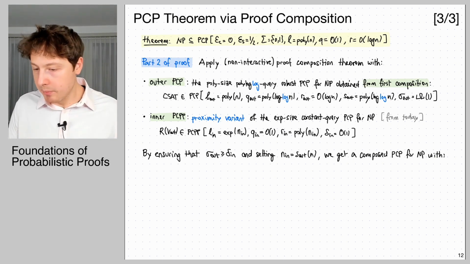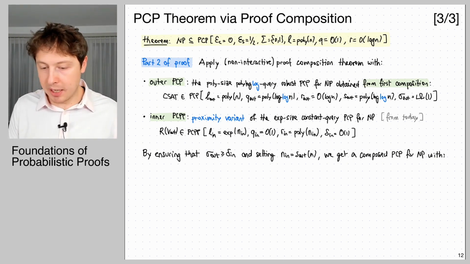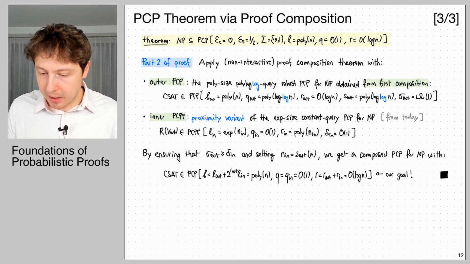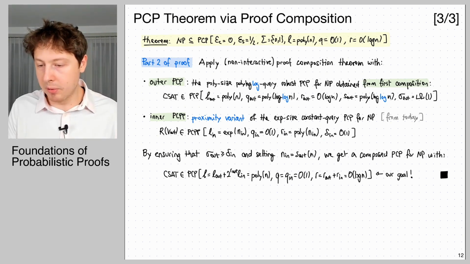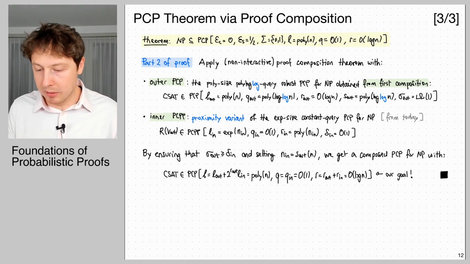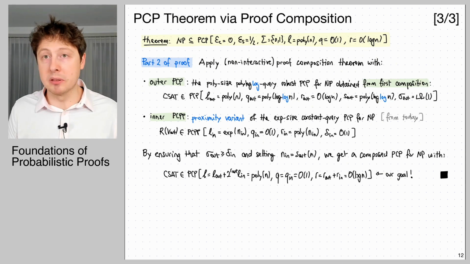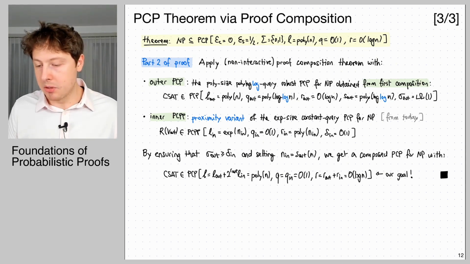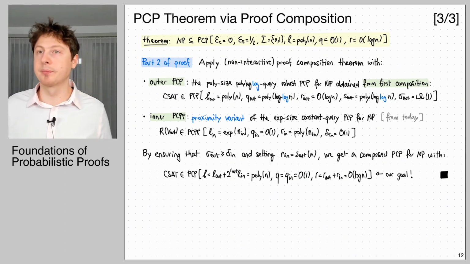And now, again, making sure that things work out. Now we have 2 to the R out, which is polynomial, and then we have exponential in poly log-log. Well, that's polynomial. Okay? So, and the query complexity is constant, and we're good.